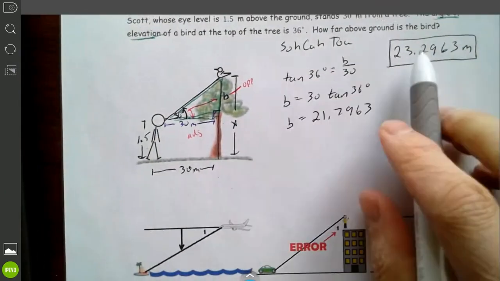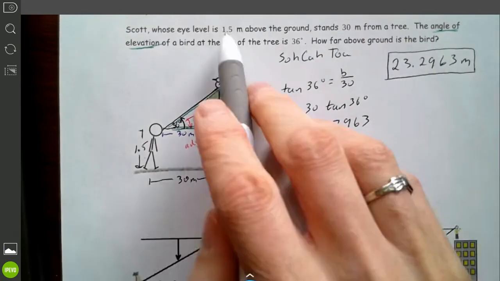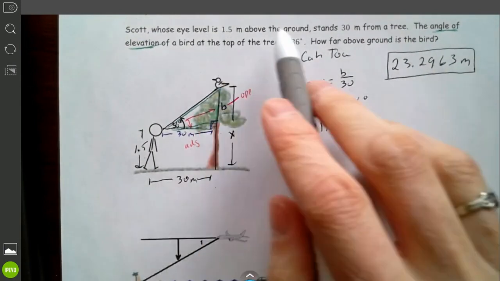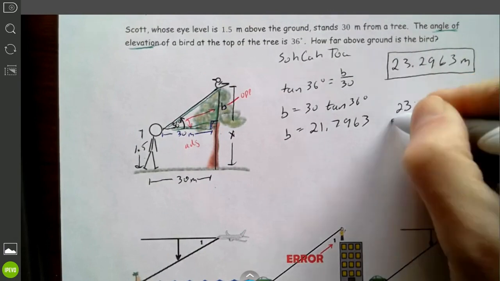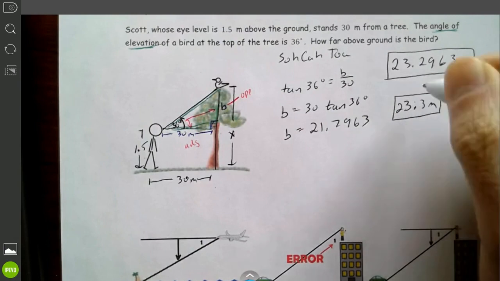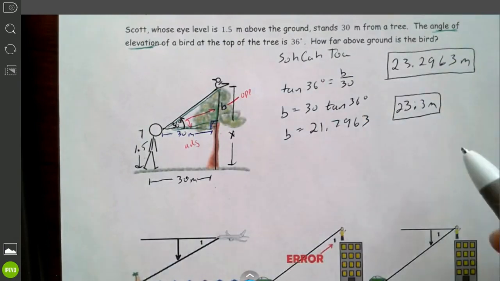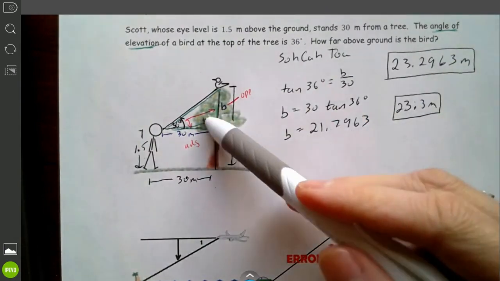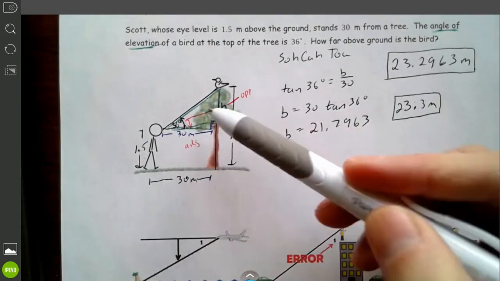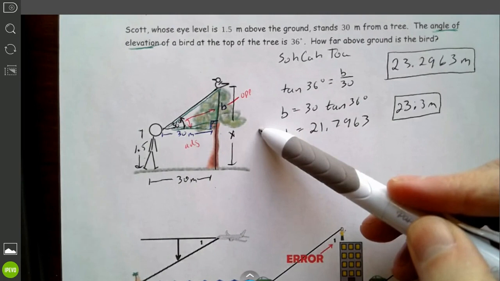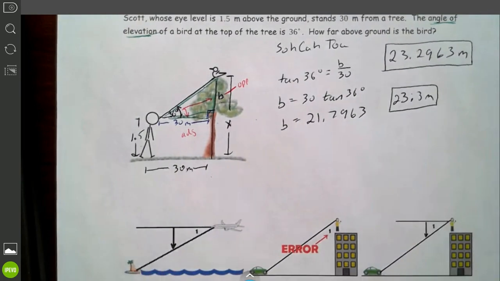They didn't tell me what to round to, so I could leave it here and be okay. They did have 1 decimal place here, so I'm going to round to the same 1 decimal place and call it 23.3 meters. So that's an angle of elevation. Remember that an angle of elevation is from a horizontal upwards. Now let's talk about angle of depression.